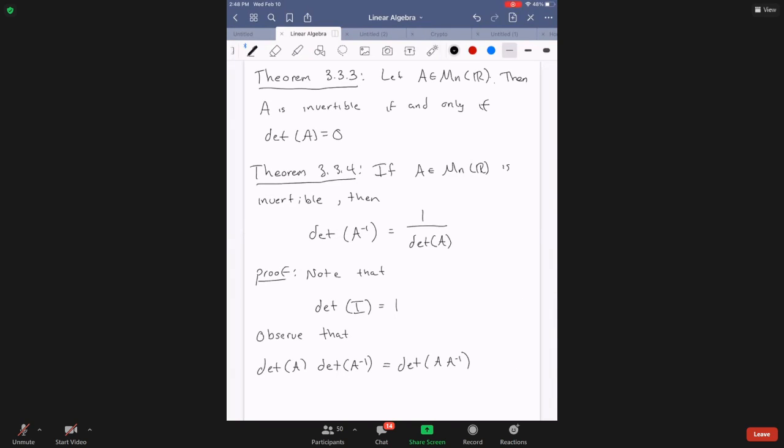Now what is A times A inverse? Yeah, the identity. And what is the determinant of the identity? Well, 1. This just means that the determinant of A times the determinant of A inverse is equal to 1. And just divide both.